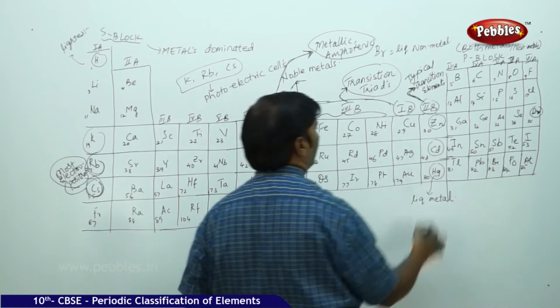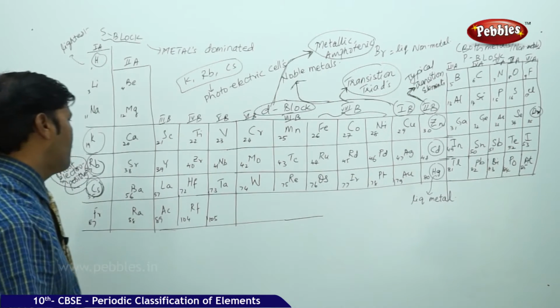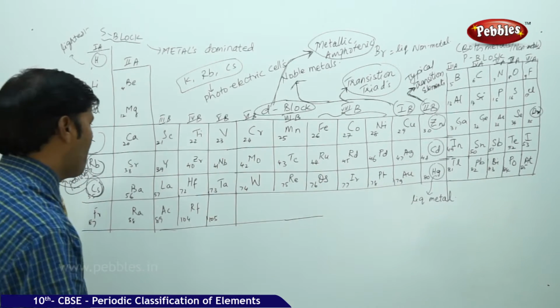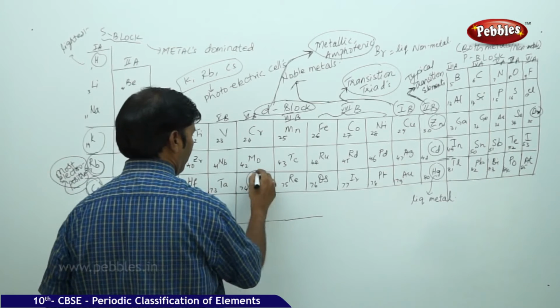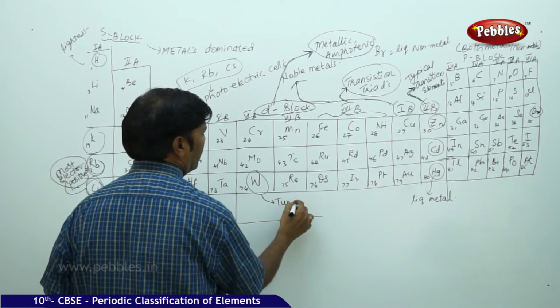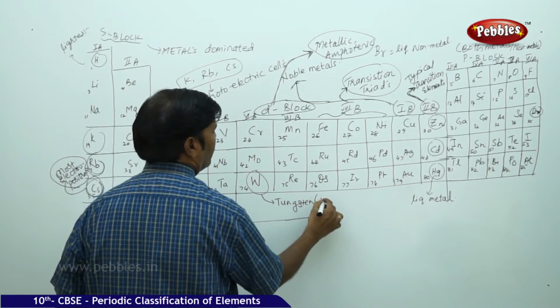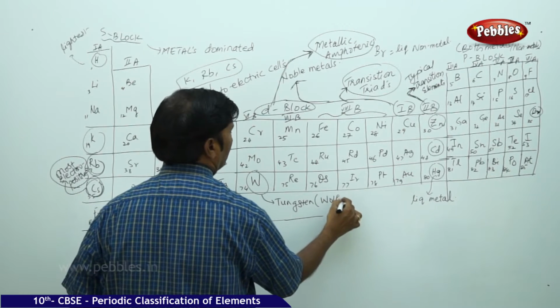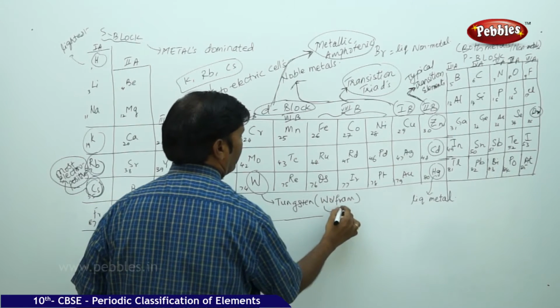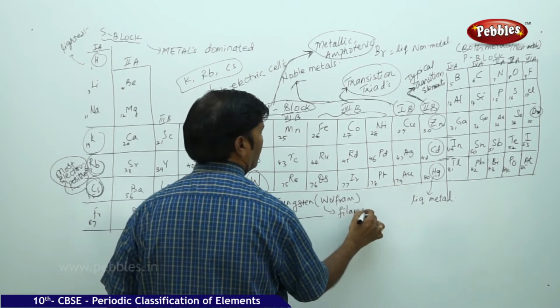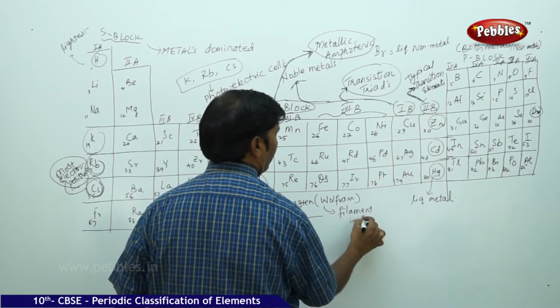These are typical transition metals. And tungsten, otherwise called wolfram, is used as a filament in electrical bulbs.